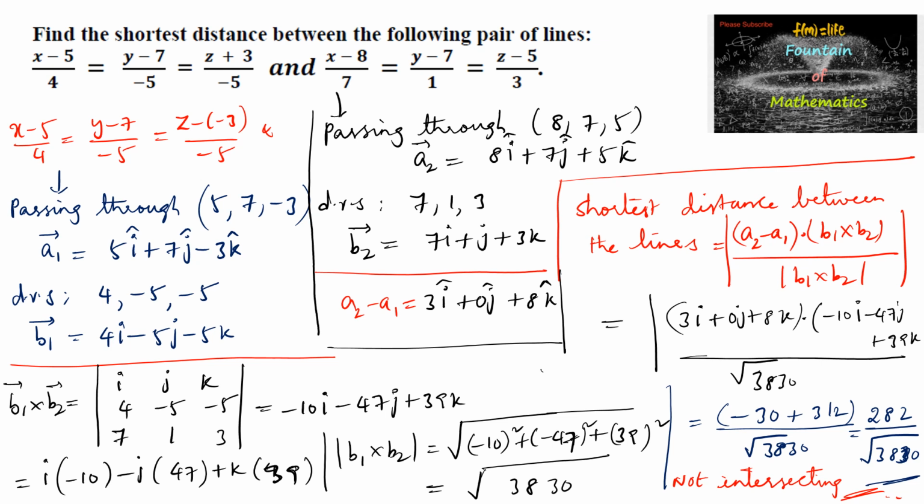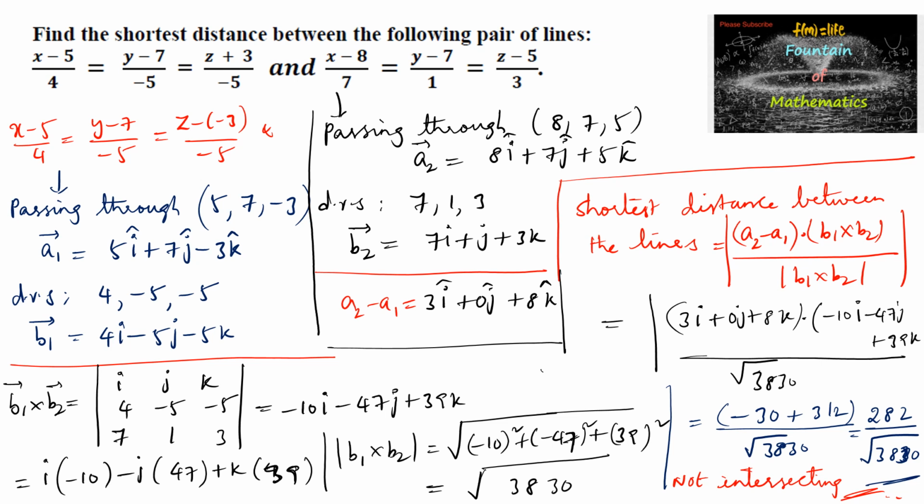Let us consider the position vector a2 equal to 8i plus 7j plus 5k, and having the direction ratios 7 comma 1 comma 3. So let us consider the vector b2 equal to 7i plus j plus 3k.